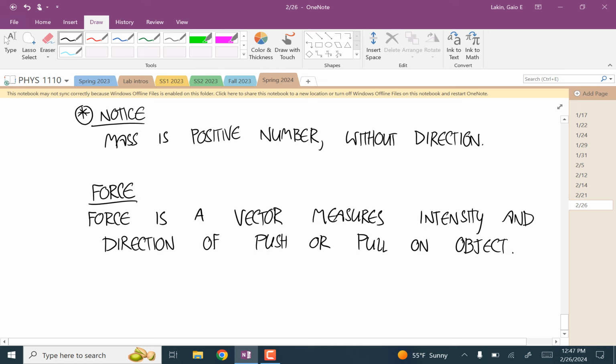Forces have to have directions, because if you push something this way, it moves that way. If you push something this way, it moves that way. Those are different, even if the magnitudes of those forces are the same.